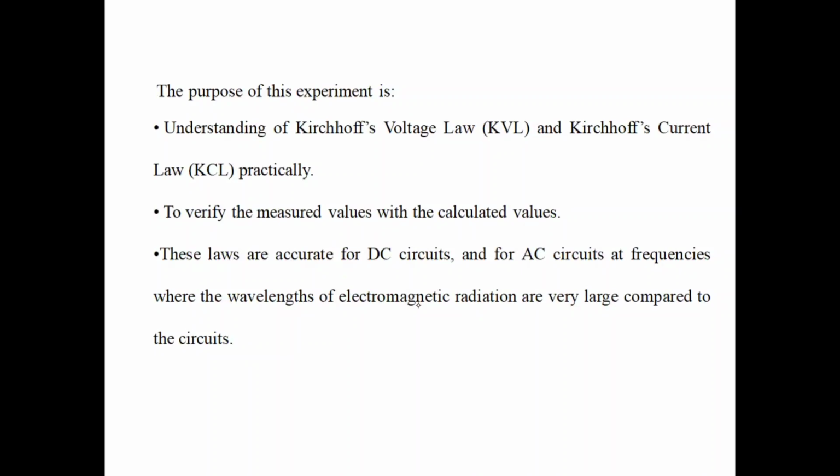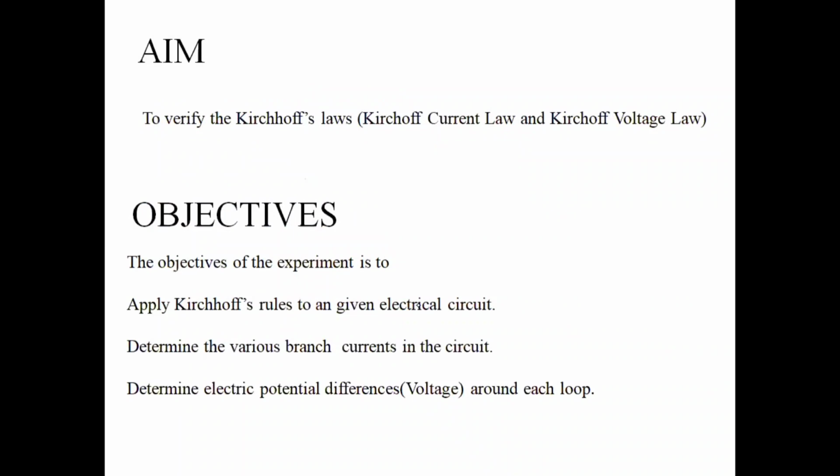When you want to verify this with respect to AC, it will be suitable for a higher wavelength. So if the wavelength is more, then we can also apply this experiment for the AC supply. The main aim of this experiment is to verify Kirchhoff's current and voltage laws.